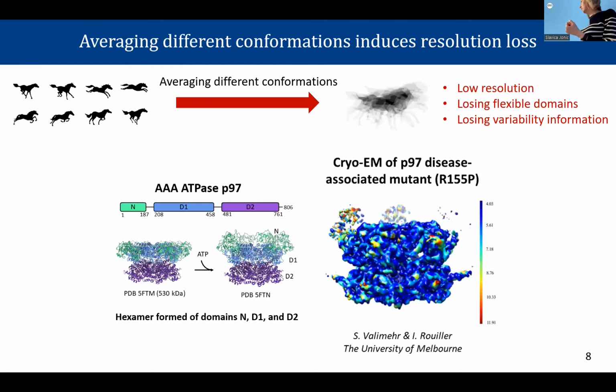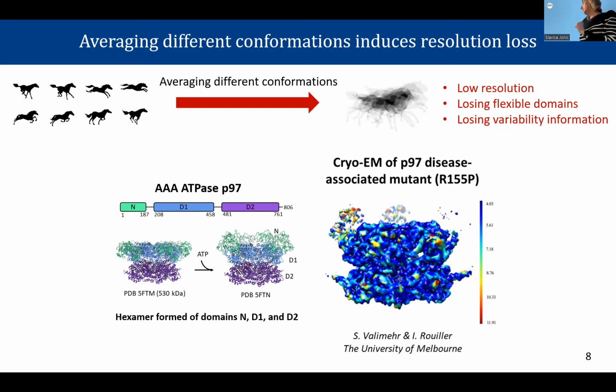To understand this, you can look at this picture. This is one complex that is called P97. This is a collaboration that we have with some people at the University of Melbourne. This complex has 3 domains, N, D1, and D2, and they assemble into a hexagon, which means that there are 6 same monomers.